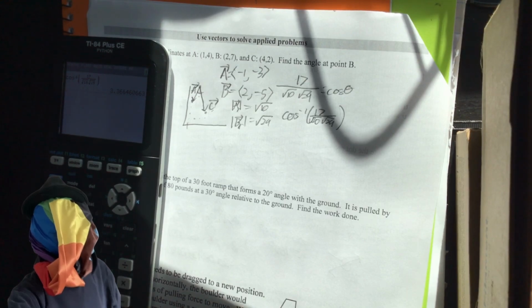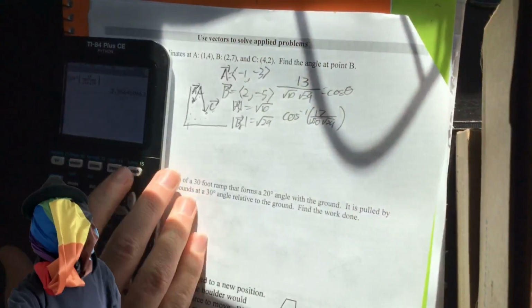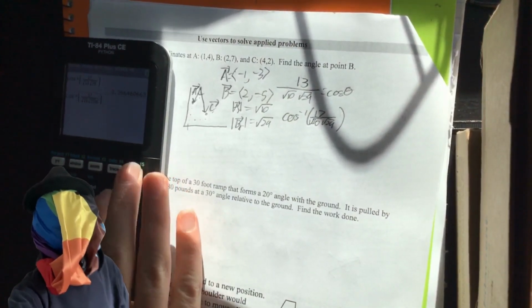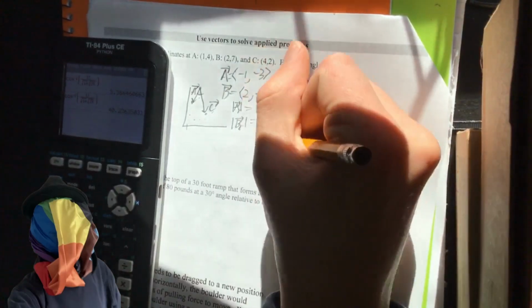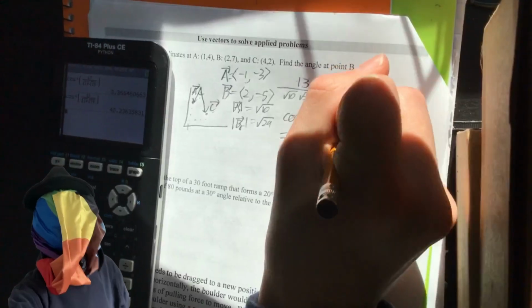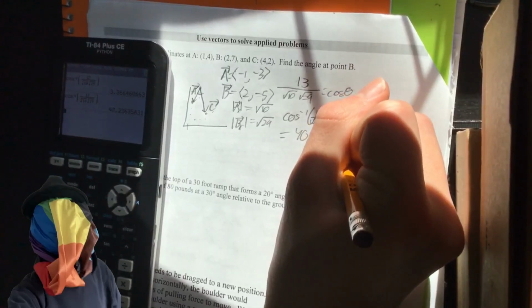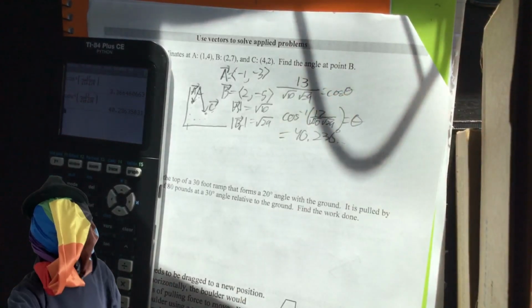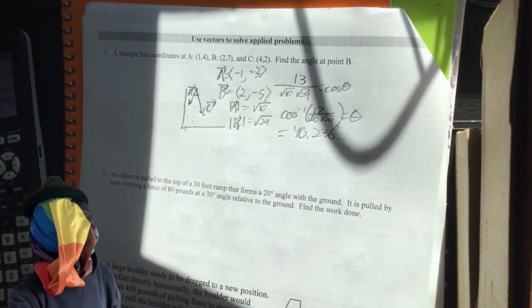Negative 2 plus 15. That's meant to be 13. My bad. I'm tired. I am so very tired. But I shouldn't be complaining. So theta equals 42.36 degrees. Very fun. That makes sense.